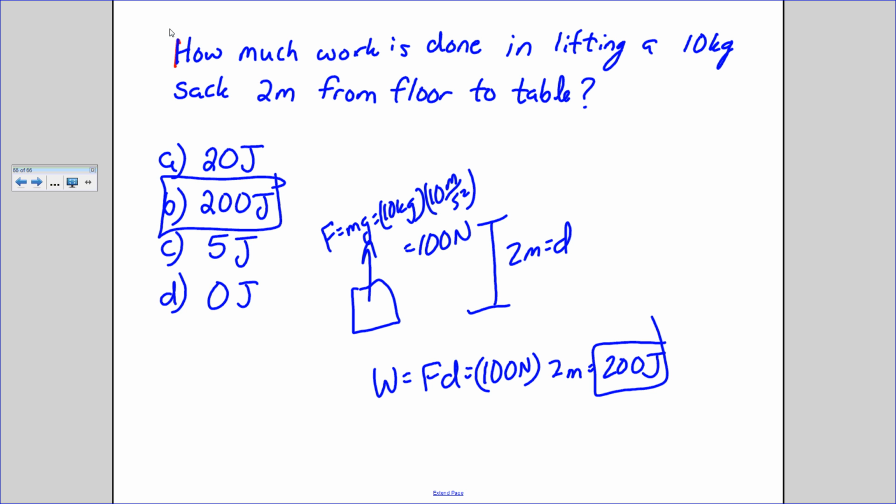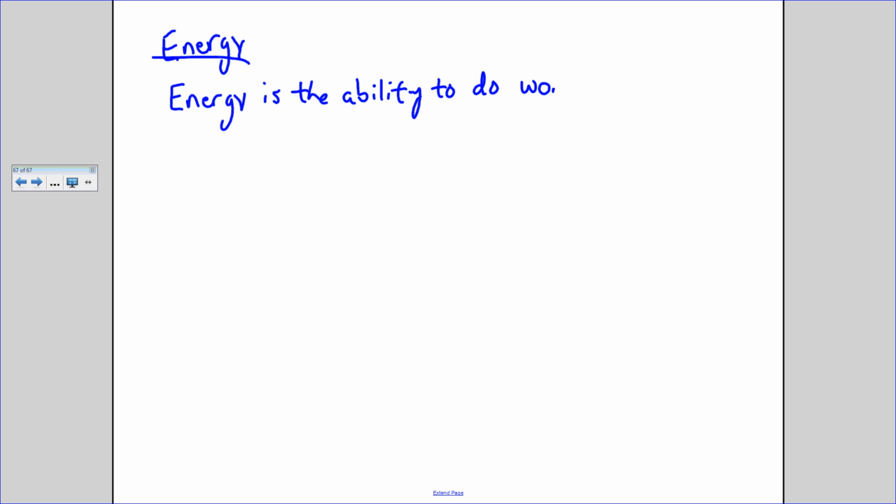All right. Let's look at energy, and we'll come back to work because work and energy are closely related. Energy is the ability to do work. I think I've already said this, but I'll write it again. It's the ability to do work.